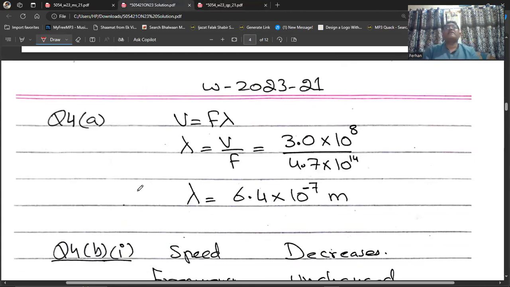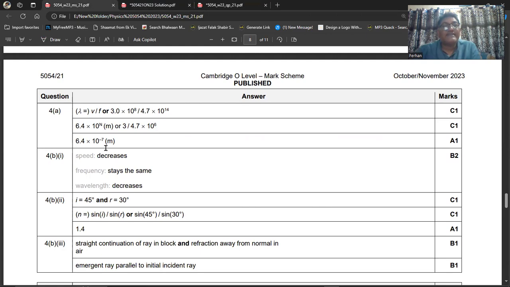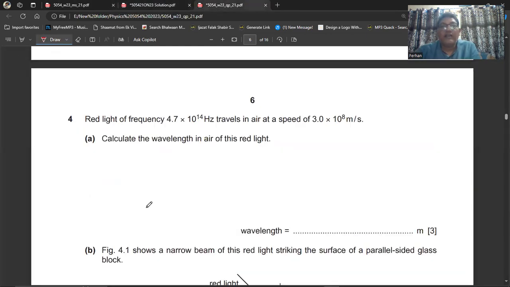Lambda is the question, so when you make lambda the subject of the formula it becomes lambda equals v by f. Just substitute the values here: 3 x 10^8 divided by 4.7 x 10^14. Just enter this in the calculator as it is. You will get 6.4 x 10^-7 meter. 6.4 x 10^-7 meter is the right answer. This is the solution.